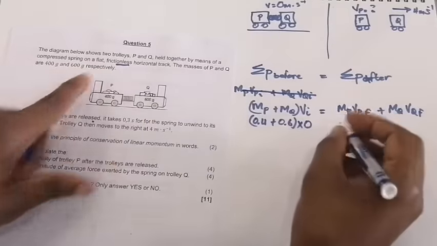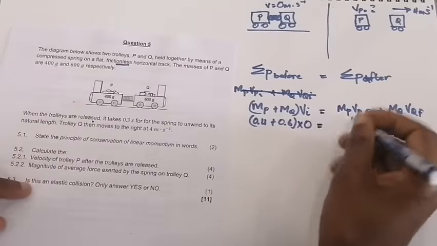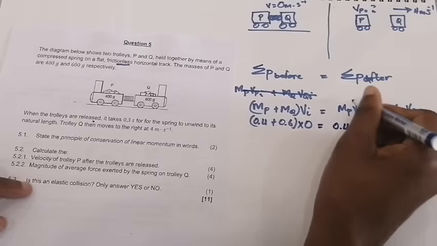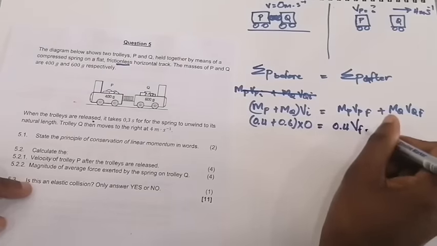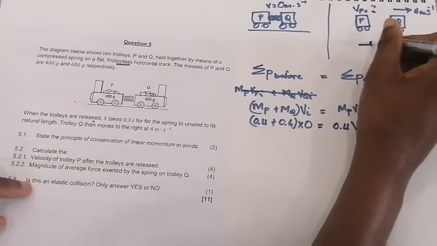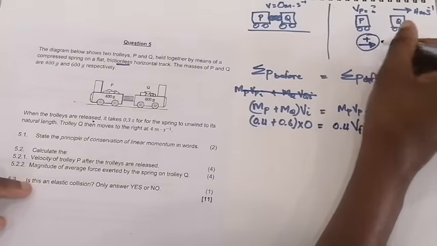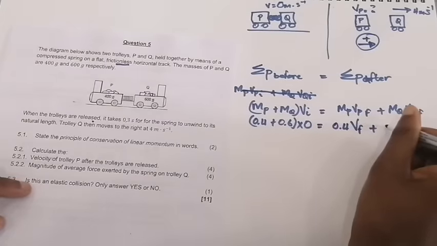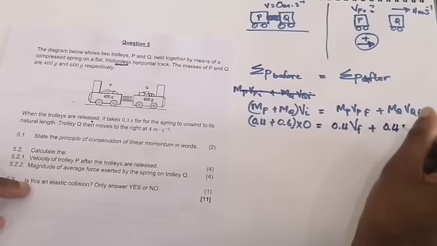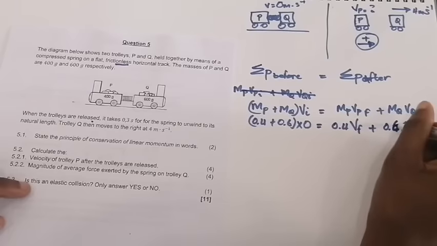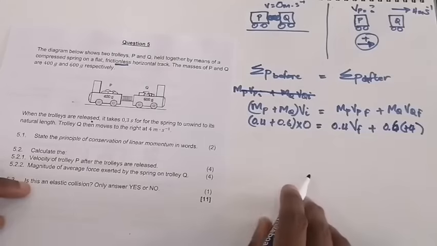Okay, right. So after collision, what happens? We know the mass stays the same. So that's 0.4. The velocity of P is what we're looking for. Oh, by the way, I should have stated direction. Once again, I'm going to take direction to the right as positive. And the velocity of Q, that's 0.6 multiplied by positive 4, because that's going to the right there.